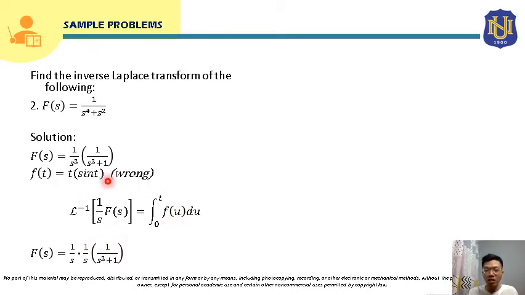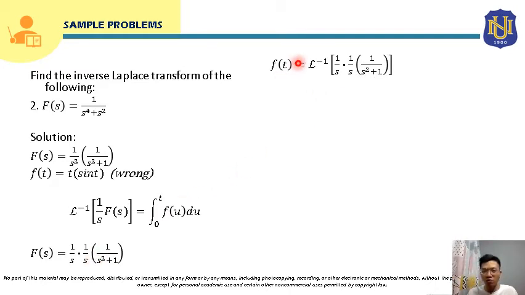We can only apply this if we can factor out 1 over s from the given f of s. In this case, we factored out 1 over s here. So this 1 over s times 1 over s squared plus 1 will serve as this f of s. So we can rewrite this into an integral.